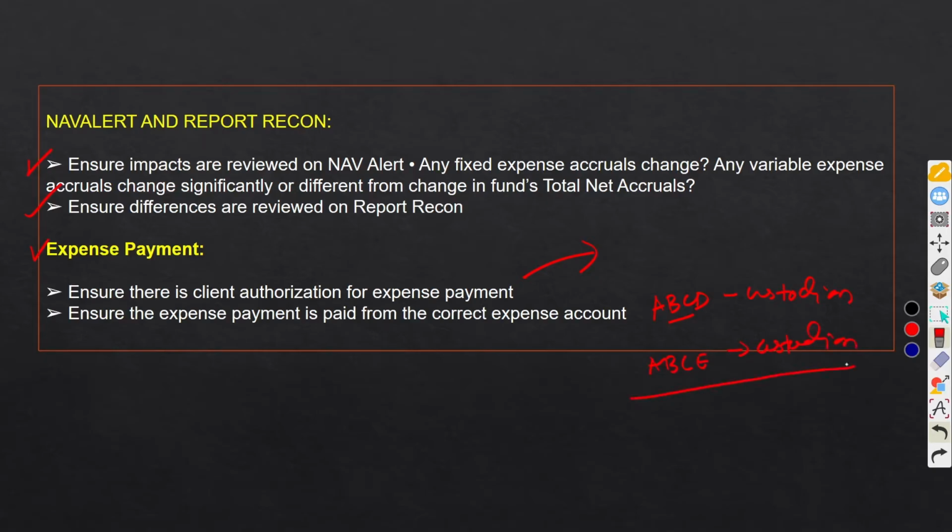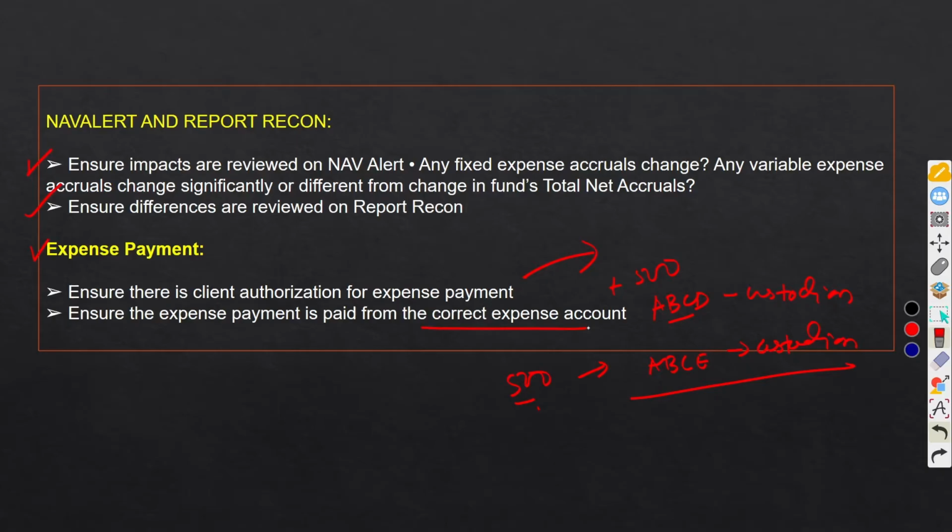So let's assume the payment was processed from this account, but it should have been processed from this account. That happened, and which is incorrect. So you might see an internal transfer between ABCD and ABCE. That transaction you would also see on a custodian statement. Sometimes that happens. All right.